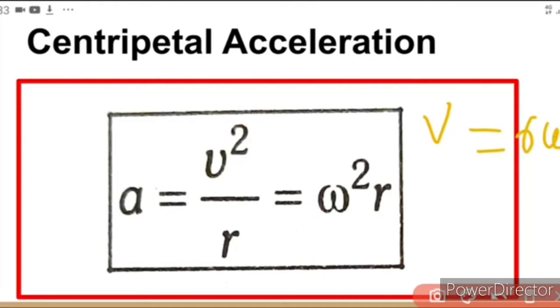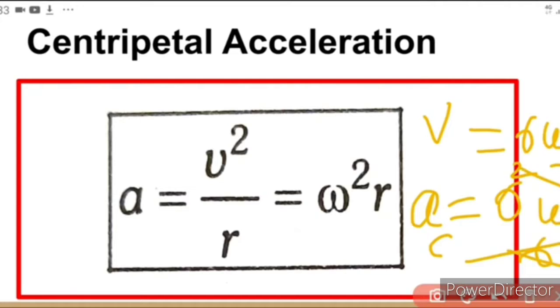So substituting for v, we have a_c, the centripetal acceleration, is equal to r square omega square by r. So one r will get cancelled and we will have centripetal acceleration as omega square r. So this comes as the next expression for centripetal acceleration.